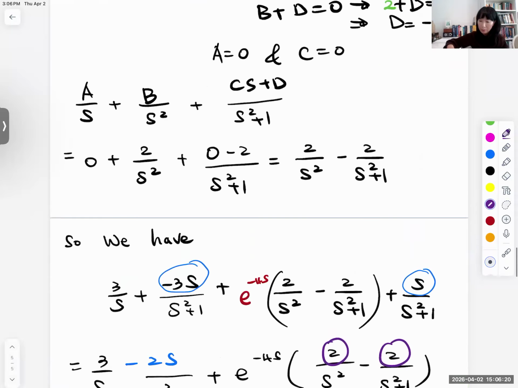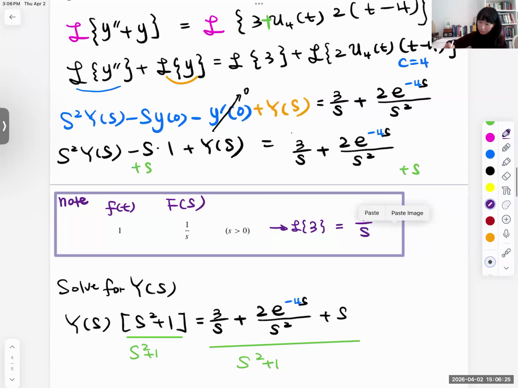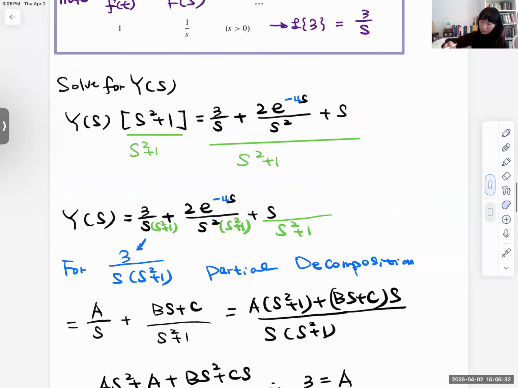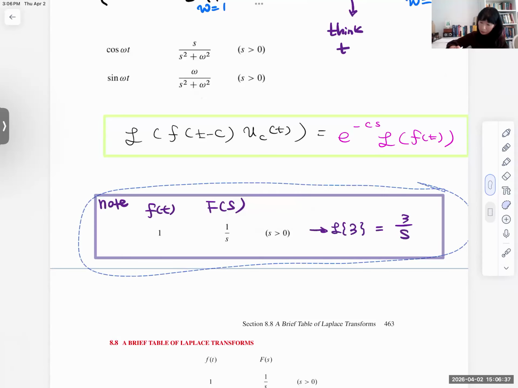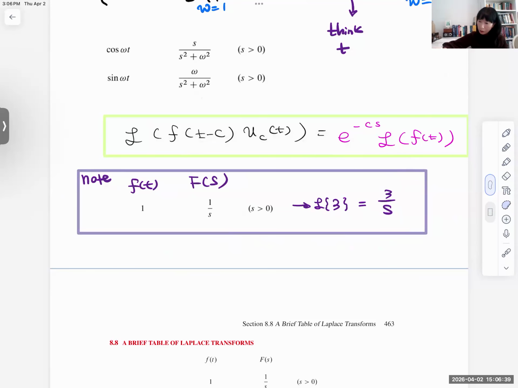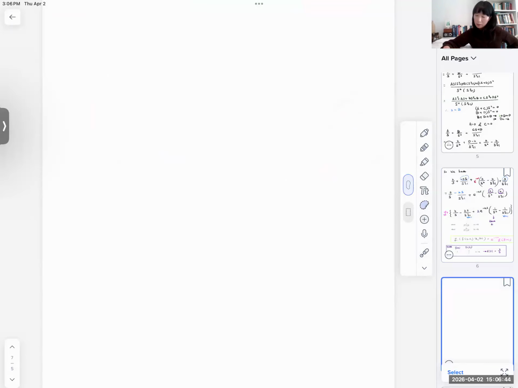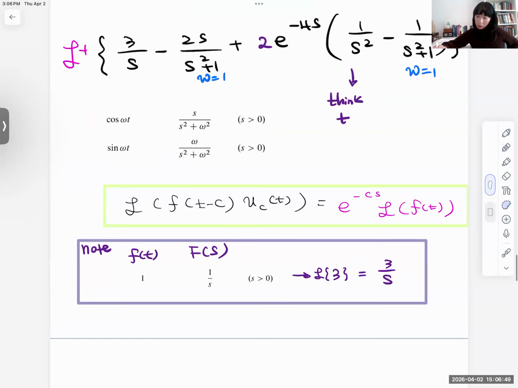Let me bring down for you, so you know what I'm talking about, this one. Copy. Paste. Okay. One more page. So then there will be sine t, right?